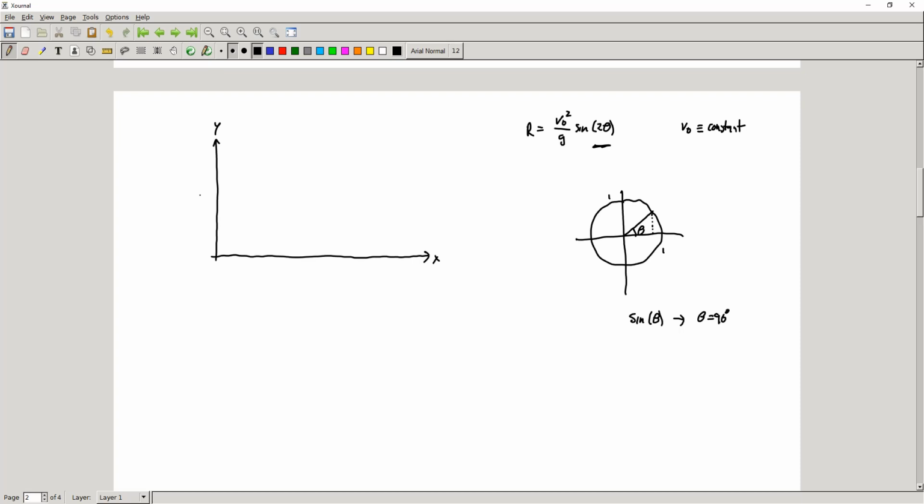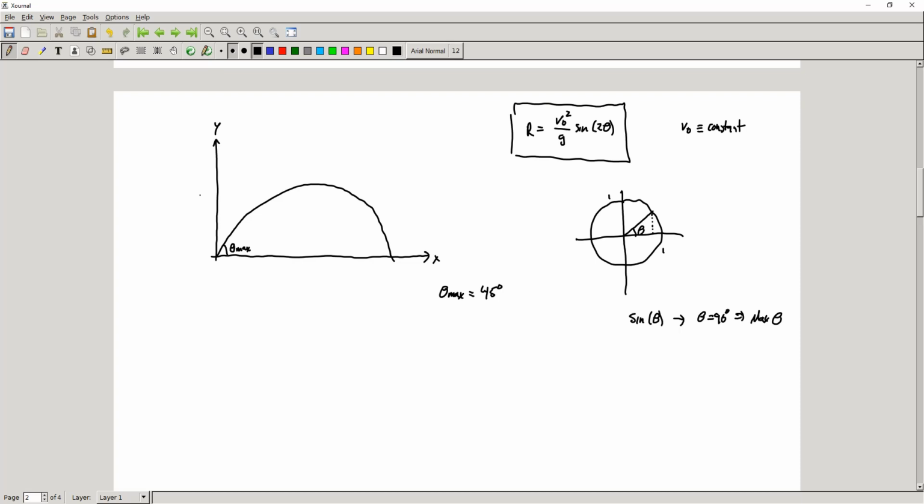So imagine back to our plot here. Imagine we draw the trajectory of a cannonball, and it lands here. If this theta is theta max, then that theta must be 45 degrees, right? But for every other angle other than 45 degrees, there's going to be two angles that give us the same value, and we can see this by looking at the plot.